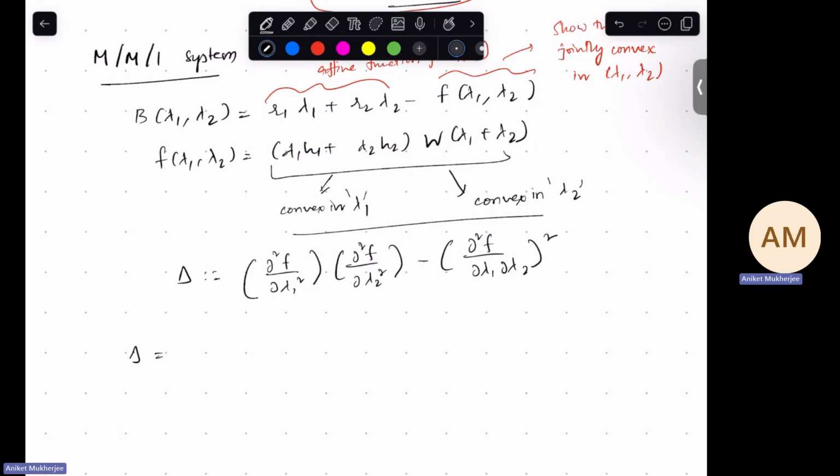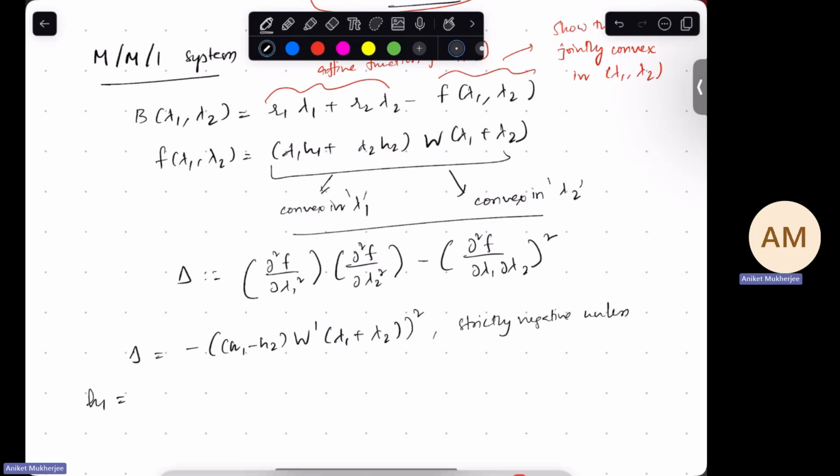Delta equals minus h1 minus h2 times w prime given plus 1, whole squared. This is strictly negative unless h1 equals h2.